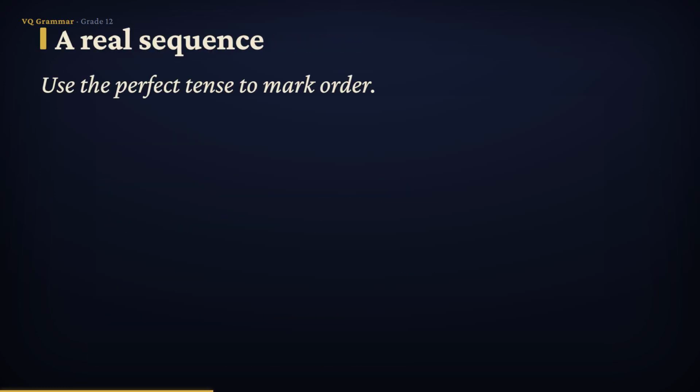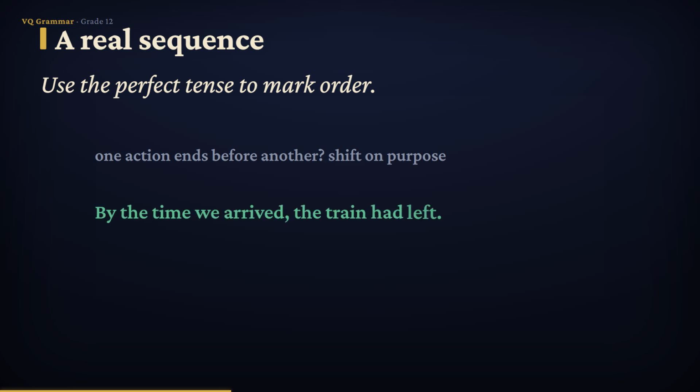Now for the interesting case. When one action really does finish before another. Here you shift tenses on purpose, and the perfect tense is your tool. By the time we arrived, the train had left. 2 past events, but not at the same time. The train had left first, and then we arrived.